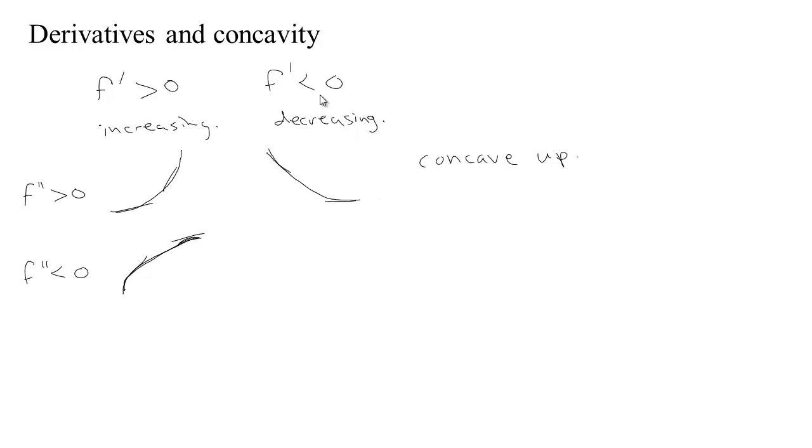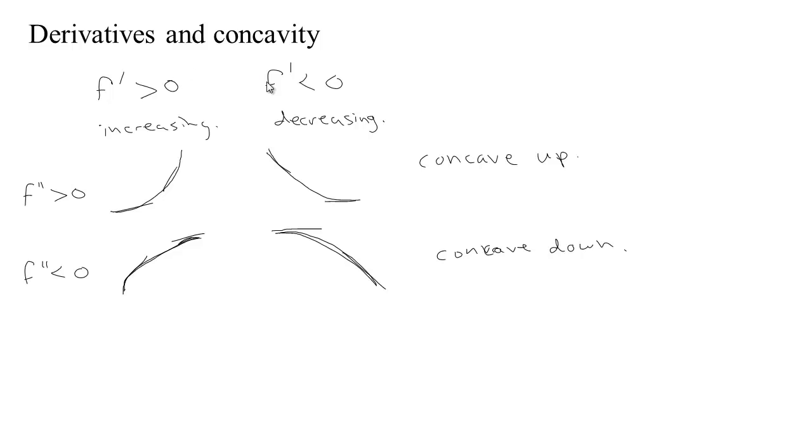Here, you know you're decreasing, so the slopes are negative, and the slopes are decreasing, so they're getting more and more negative. So you start off with a slope that's initially slightly negative. Later, it will become more negative. Okay, so you can see whether you're increasing or decreasing. If the second derivative is negative, you know it's concave down.